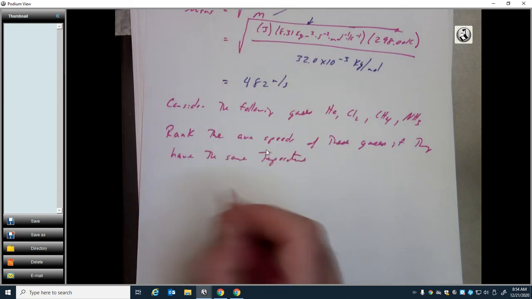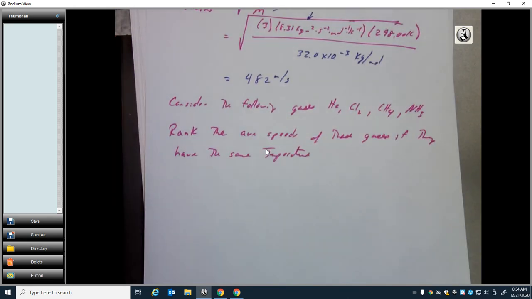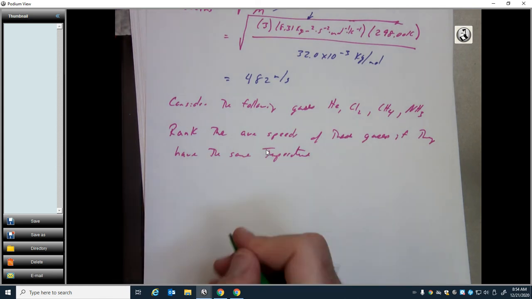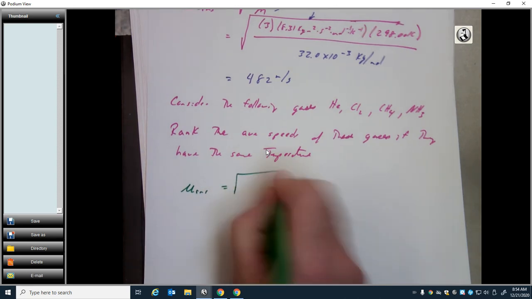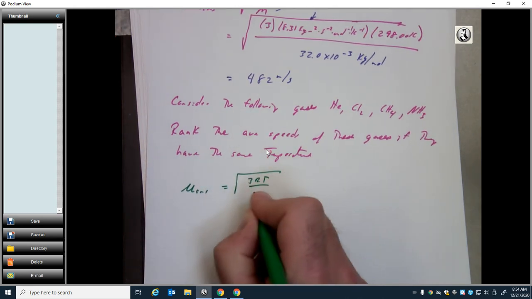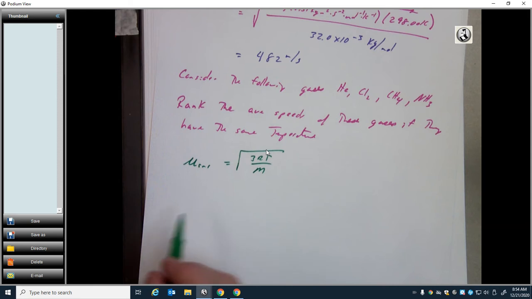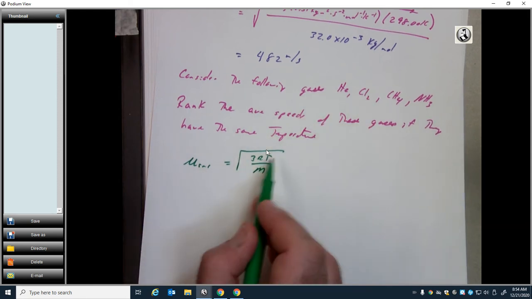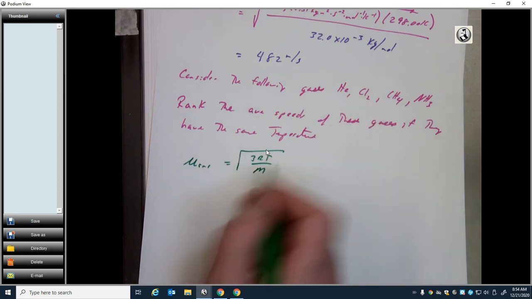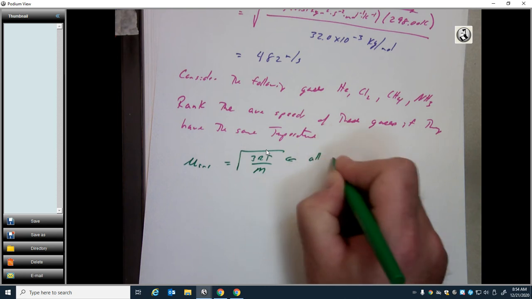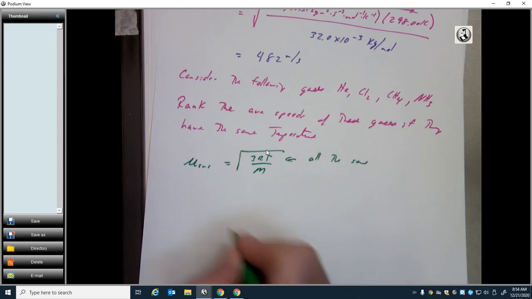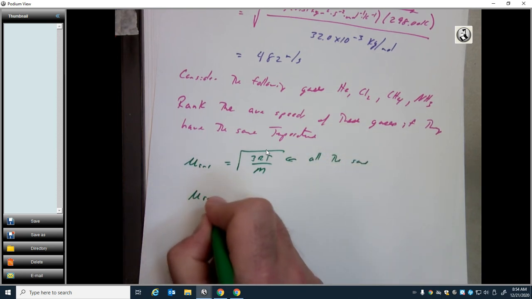Okay. Well, if we look at the equation, when we're using this equation here, this is going to always be the same for all of them. So we can really simplify this down. Since this is all the same, we really could just do this.